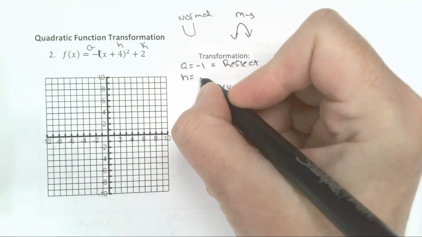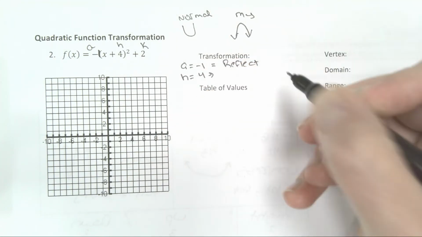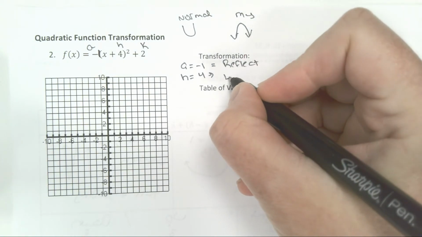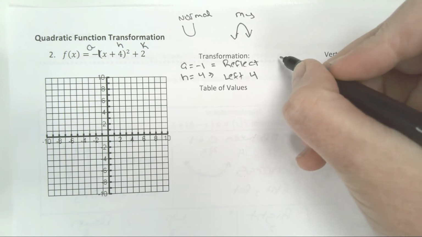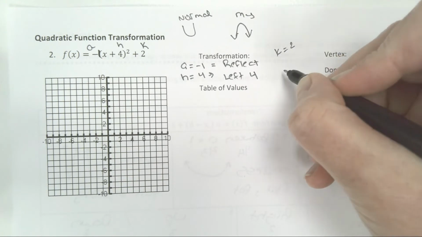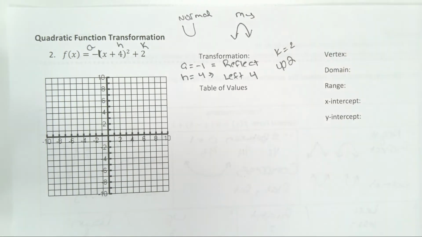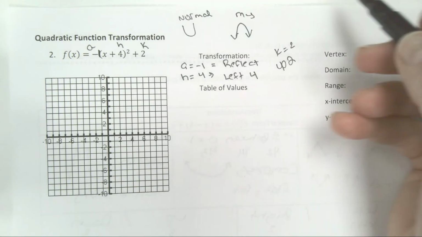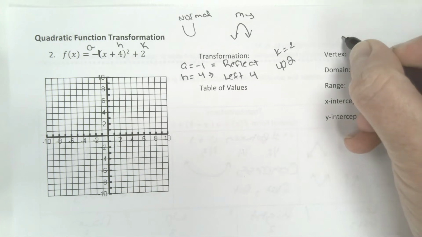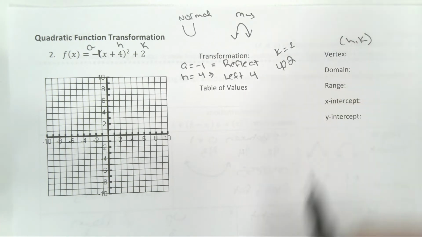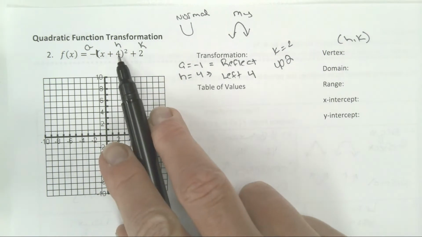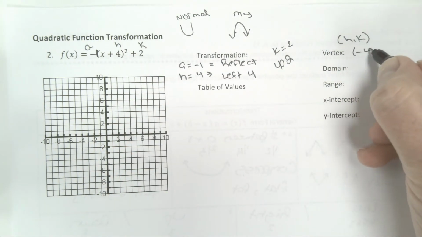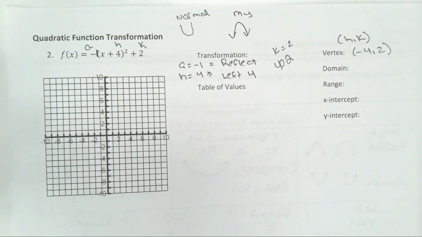Your h is that 4 right there, and your x always lies, so that part means it's going to go left 4. And the fact that k equals 2 means that it went up 2. You got to remember that your vertex is always h comma k. So my vertex is the opposite of 4, so it's -4 comma 2.